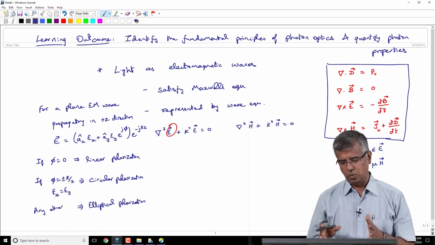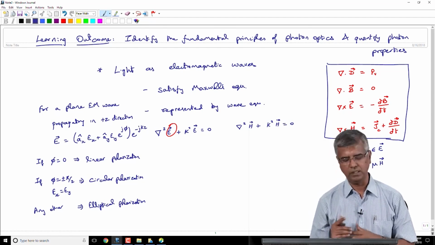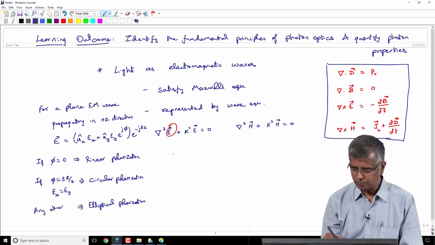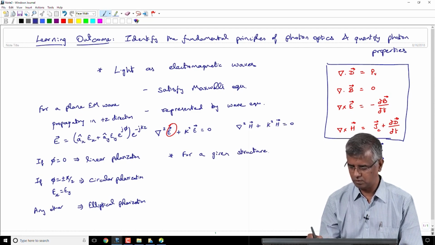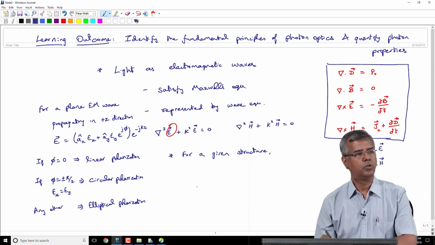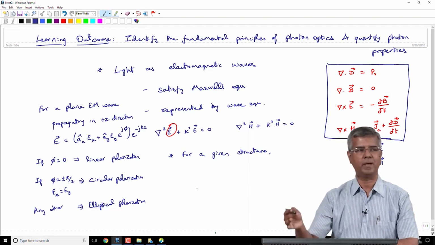Now, what we understand by solving this wave equation is this key point that for a given structure you have certain field configurations that satisfy Maxwell's equations.